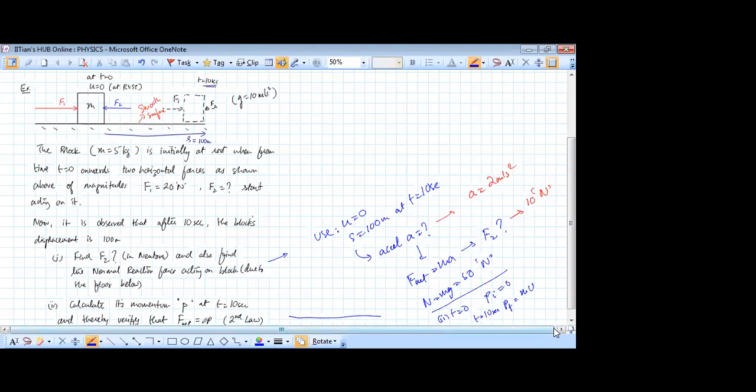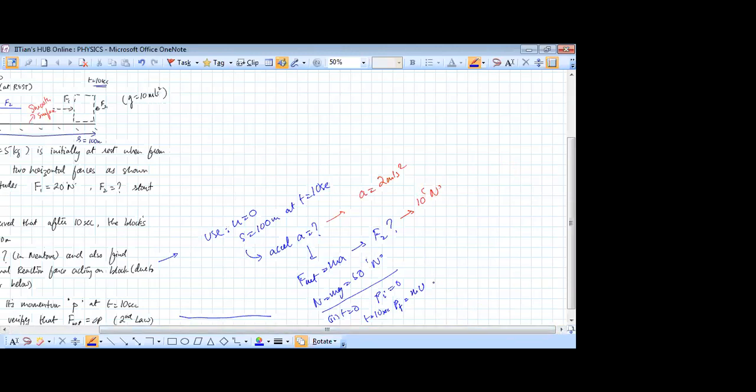You will get this final momentum as 100 kg meter per second. Then your net force will be equal to change in momentum upon change in time. The time was 10 seconds, so that is 10 newtons, and that will be equal to the net force.